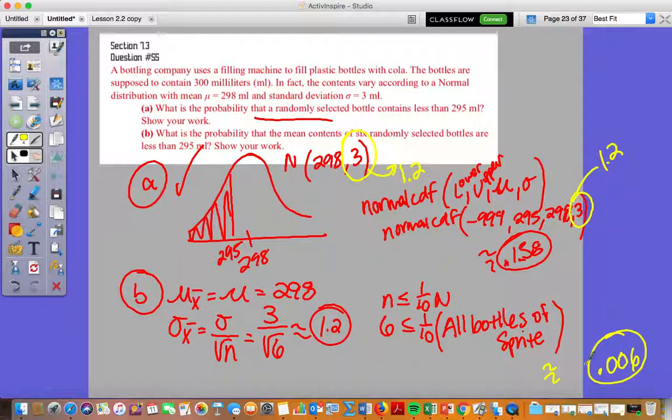Because there were 6 of them that I'm randomly selecting, and then I'm saying, what is the probability that it's less than 295? The difference between A and B has to do with that 6 randomly selected, right? So when I think sampling distribution, I know it's mean world because we're talking about the average amount being filled. I automatically go to my formulas that are down here. Does that make sense from yesterday?